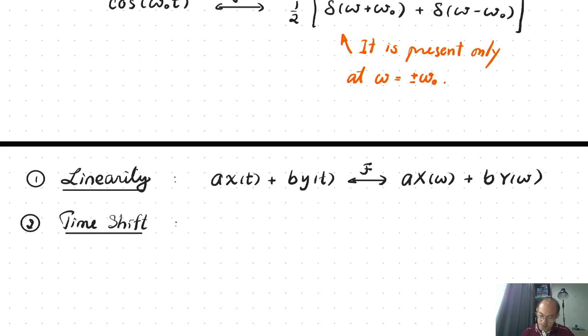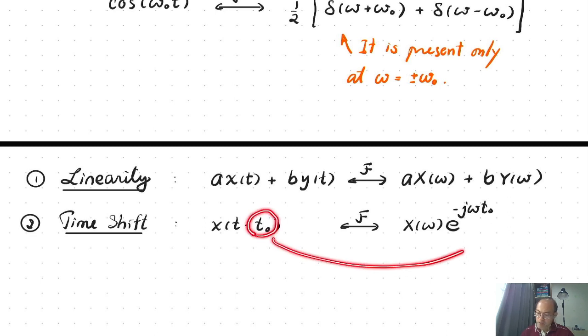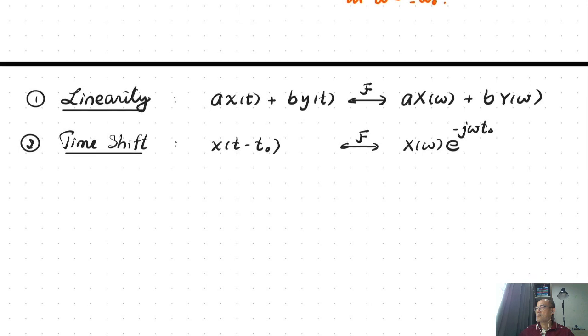The time shift property states that if you shift the signal x in time, then its Fourier transform is just the Fourier transform of x multiplied by the complex exponential. The time shift t zero will appear in the exponent of the complex exponential, e to the minus j omega, times the time shift that you perform here.